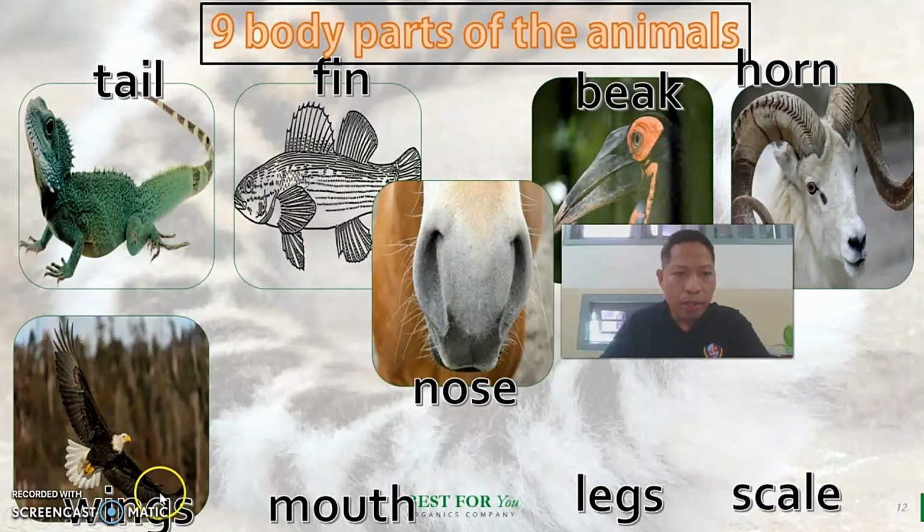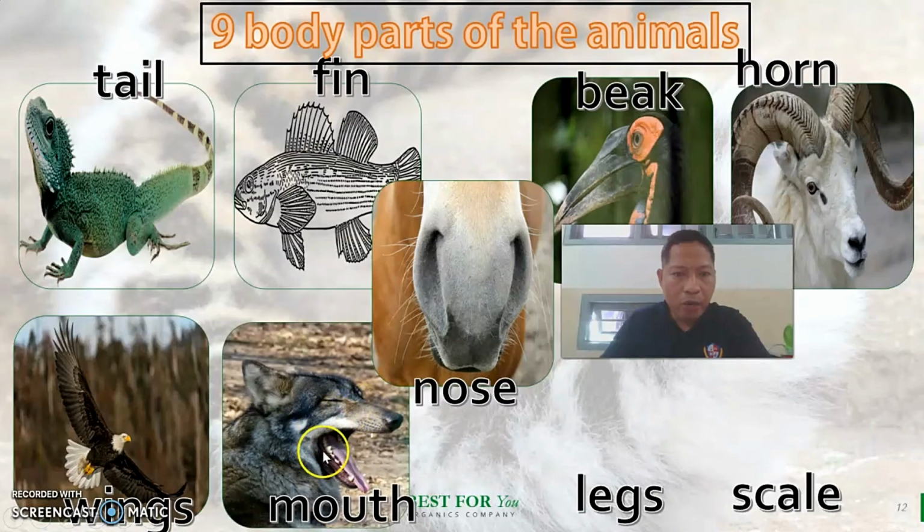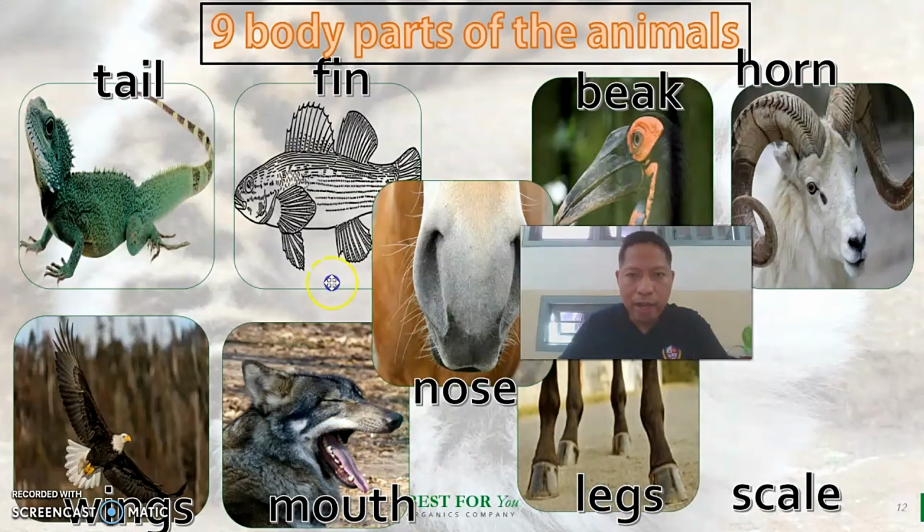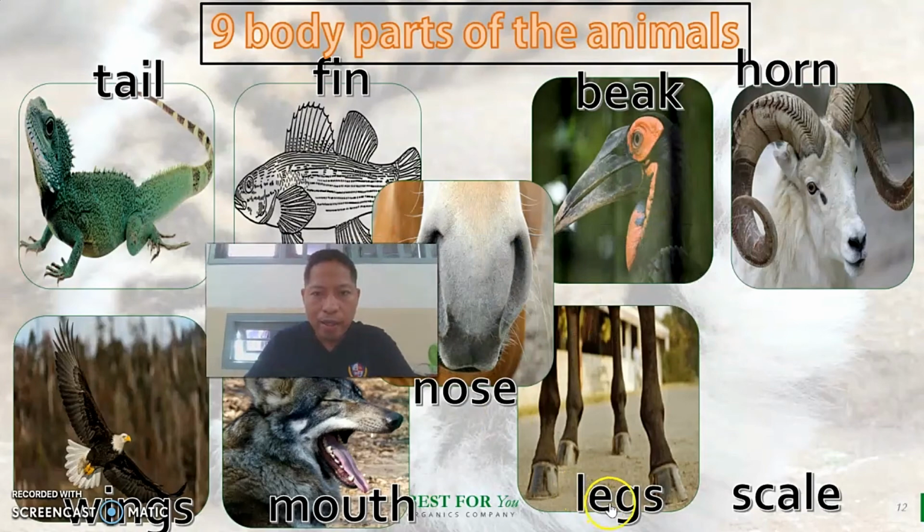We have wings here, W-I-N-G-S. So next we have mouth, a mouth of a dog, M-O-U-T-H, mouth. Next we have legs, L-E-G-S, or the support of the body.